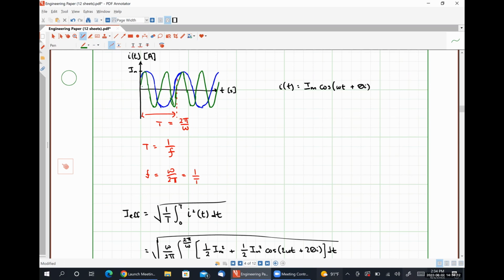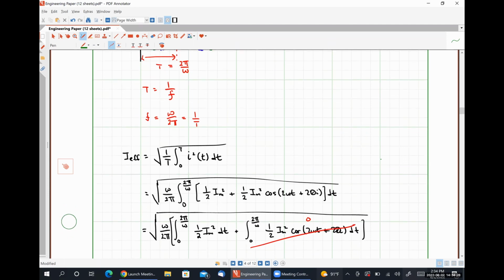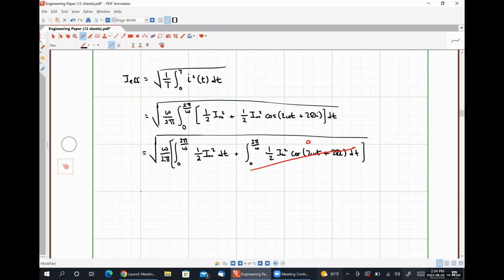And when I integrate it over the 2 periods, I drew it poorly, but effectively the area above the curve and the area below the curve should cancel out if I were able to draw correctly. And so we would get a 0 term here. And now what we're going to have is the square root of omega over 2 pi times a factor of 1/2 Im squared times the integral from 0 to 2 pi over omega dt.